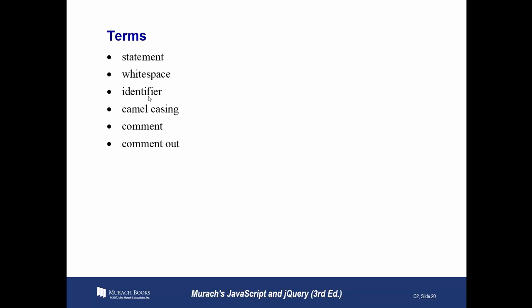An identifier, which we just looked at, your naming conventions for variables, methods or functions, classes, etc. Camel casing, where a word like tax rate, you run two words together and make all of it lowercase except the R in rate is uppercase. Comment, the two types we just looked at: the single line, which is slash slash, and the multi-line, which starts with a slash star and ends with a star slash, and to be able to comment out code.